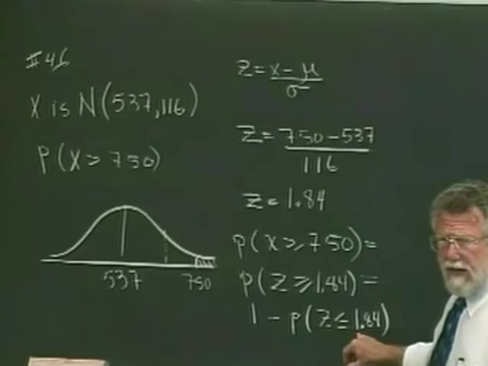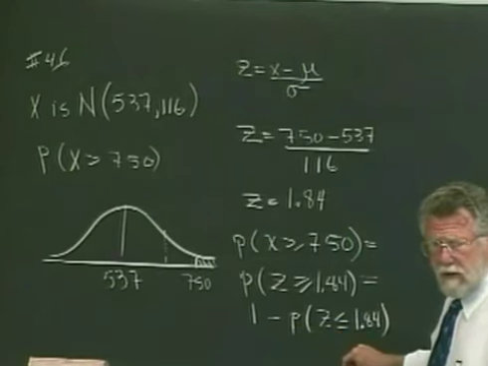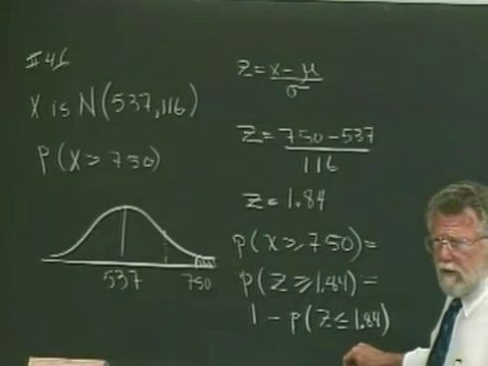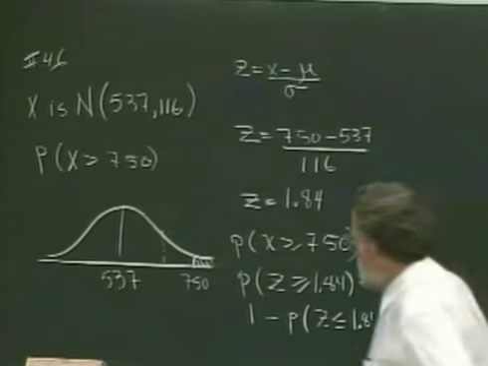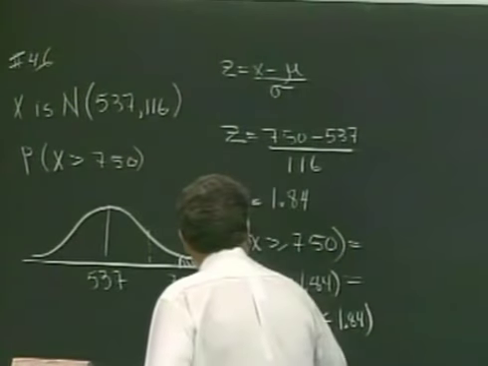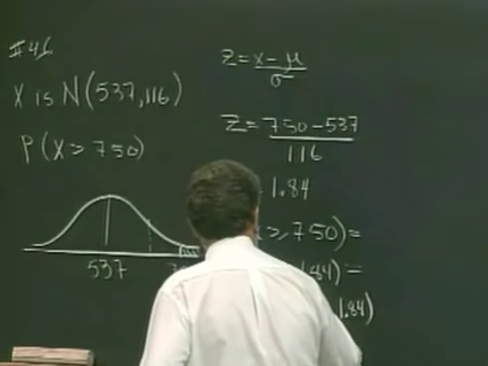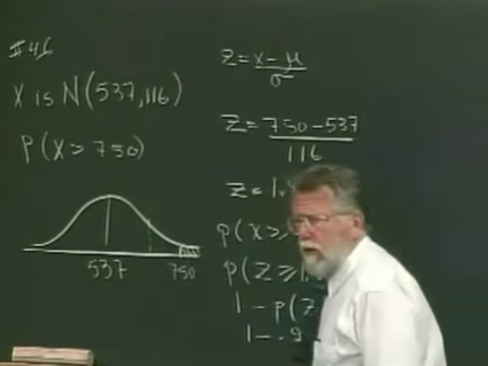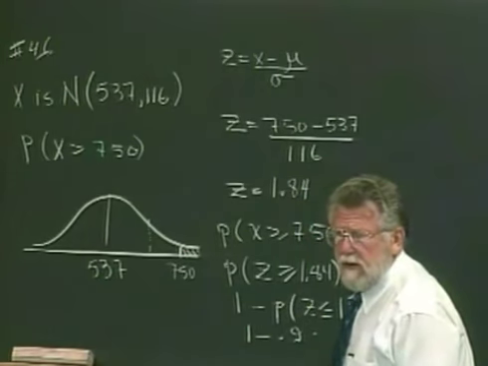So when I look this value up in the table, I subtract it from the 1 to get the answer I need. So if you look up 1.84 in your table, you're going to get a value that's 0.9, and my guess is it's going to be 0.98 something. What is the number at 1.84? You'll be on page 685.